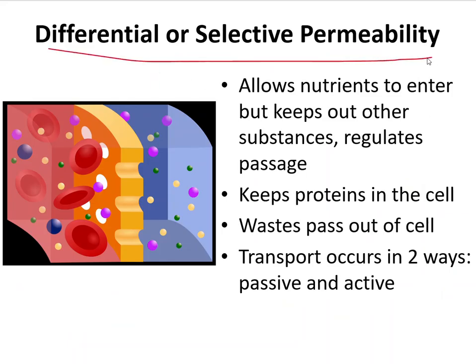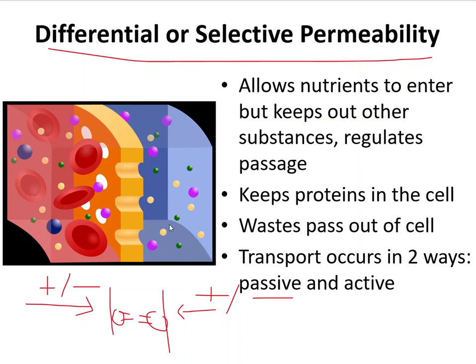Differential selective permeability. Some things can come through and some things can't. And we talked about this on the plasma membrane. Draw a little schematic right here, guys. Anything that has a charge of any kind is going to have a hard time getting through here.